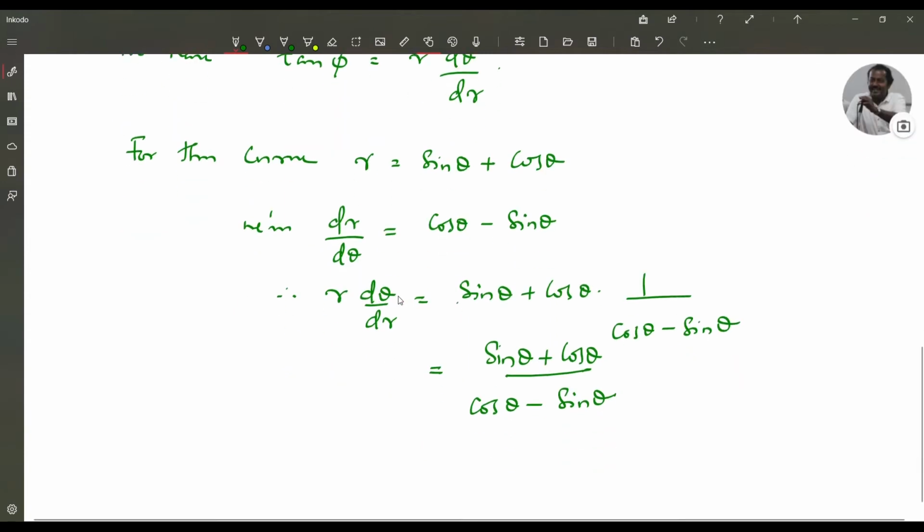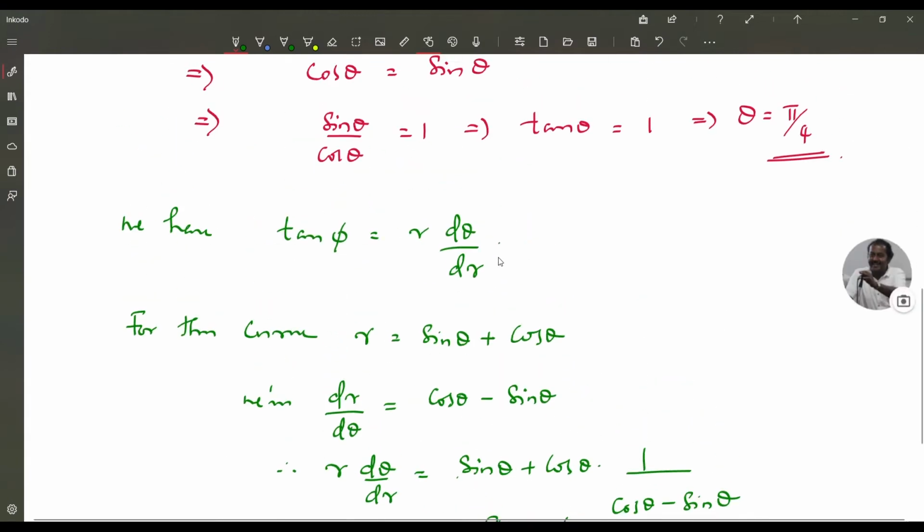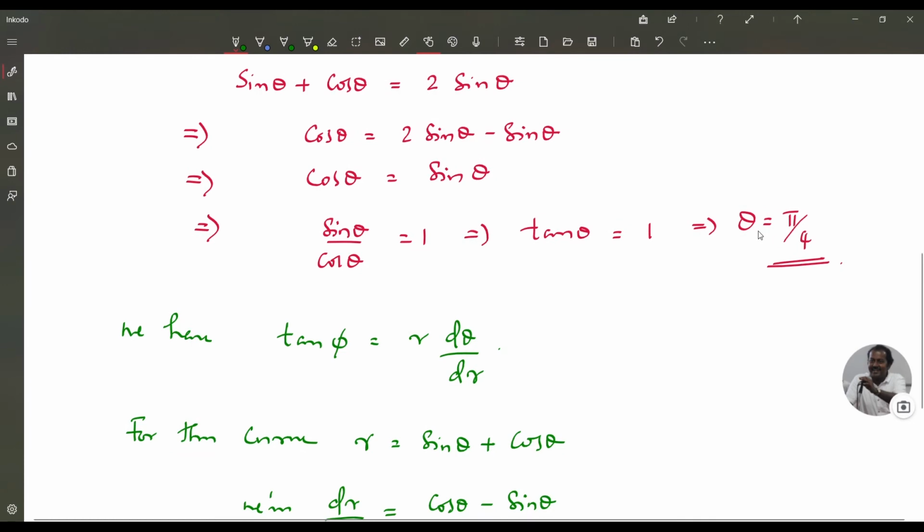Therefore tan phi 1 is sin theta plus cos theta divided by cos theta minus sin theta. At the point of intersection, theta is pi by 4.